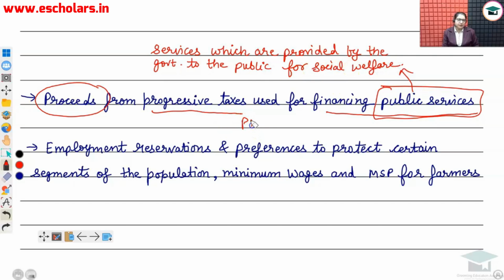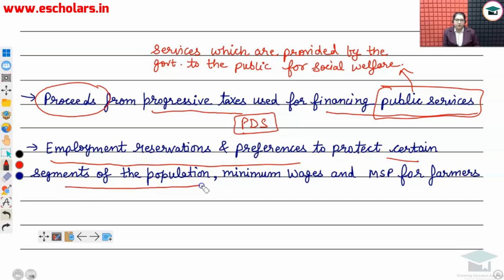For example, PDS. Okay, under PDS, the government is providing food grains at very low cost to the people belonging to the poor families, or you can say to the BPL people, that is the people who are below the poverty line. Moreover, the government is keeping the employment reservations and preferences to protect certain segments of the population.